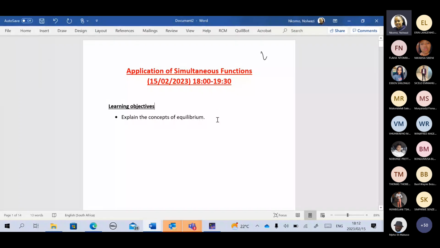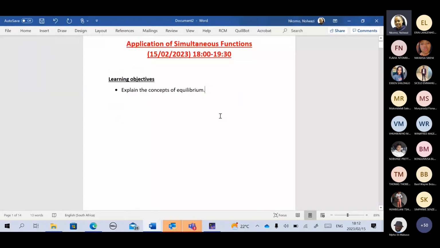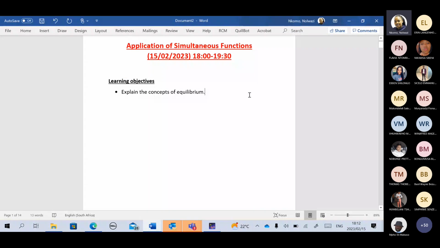Today we're going to cover this application of simultaneous equations, and after today's section, you should be able to understand the concepts of equilibrium and to determine the point whereby two equations intersect.